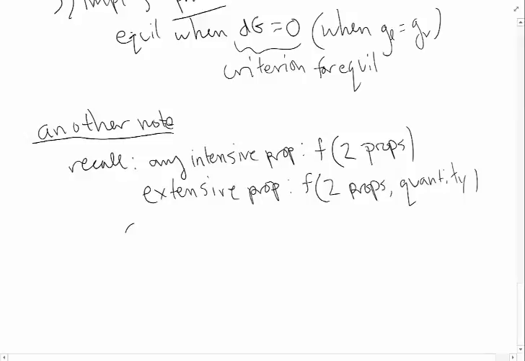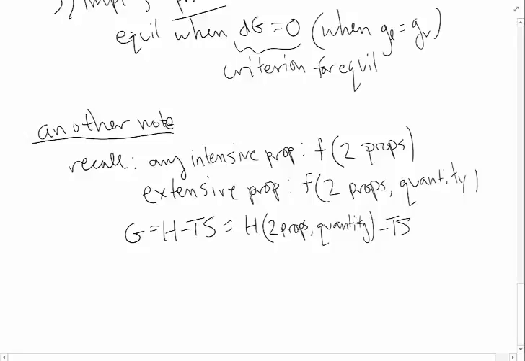So if the Gibbs energy is equal to H minus Ts, so that's big G is big H minus T times big S, H is a function of 2 properties and quantity, minus Ts, and both temperature and entropy are a function of 2 properties, and entropy is also a function of quantity.